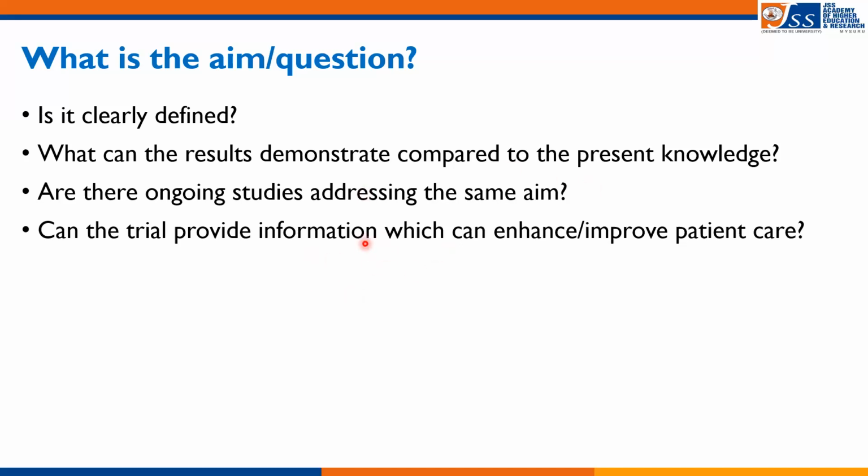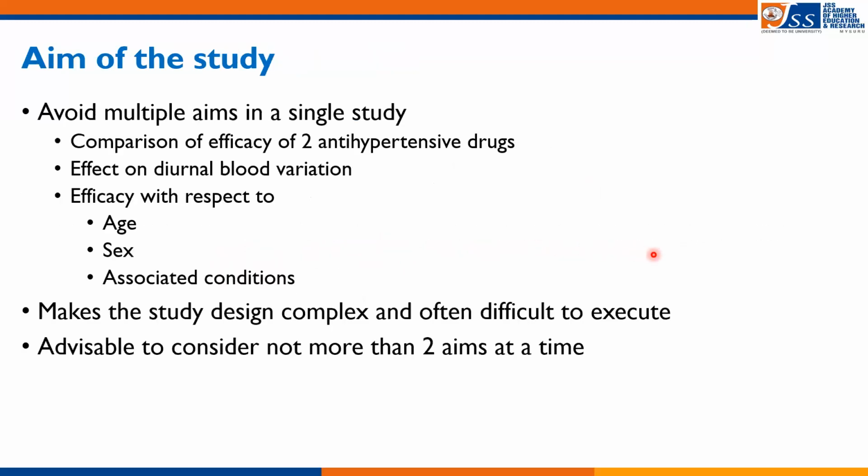And the overall advantage is whether the trial will provide any new knowledge or advanced patient care to the people if it is successful. Generally, the aim of the study is one or two. That means you don't have multiple aims in a single study. For example, you compare the efficacy between two drugs, or check the effect of something on blood variation, or check the efficacy with respect to age or sex or any other associated conditions.